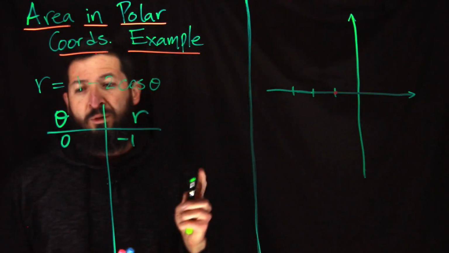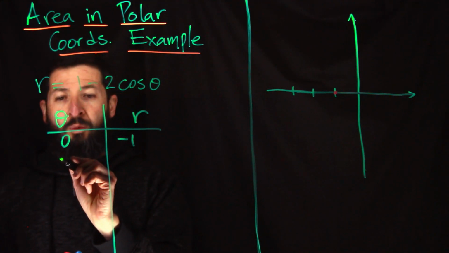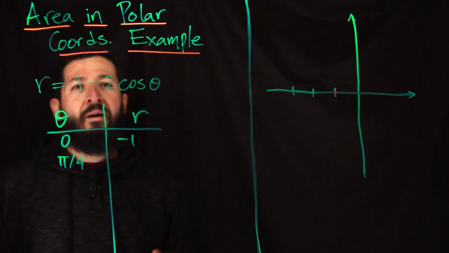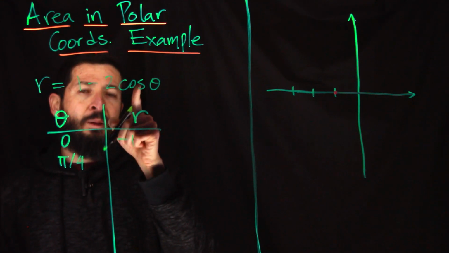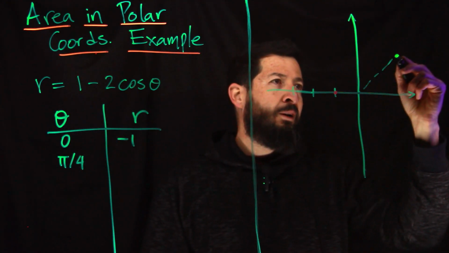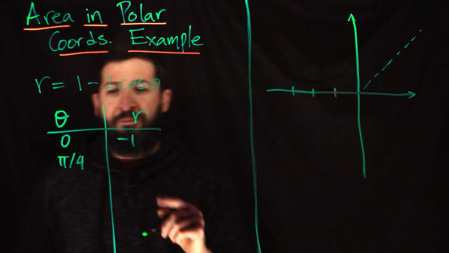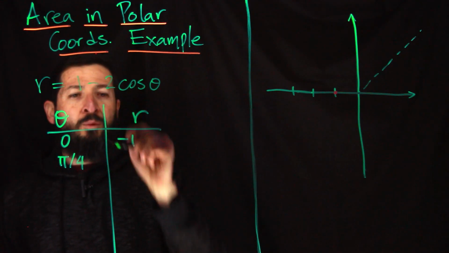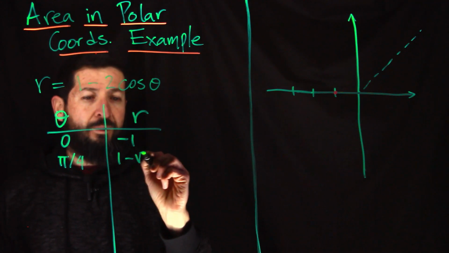All right, so then I want to move on to, say, pi over 6. Actually, let's do pi over 4. When I plug pi over 4 here, and that angle is going to be in this direction, I get square root of 2 over 2. So I'm going to have 1 minus square root of 2.